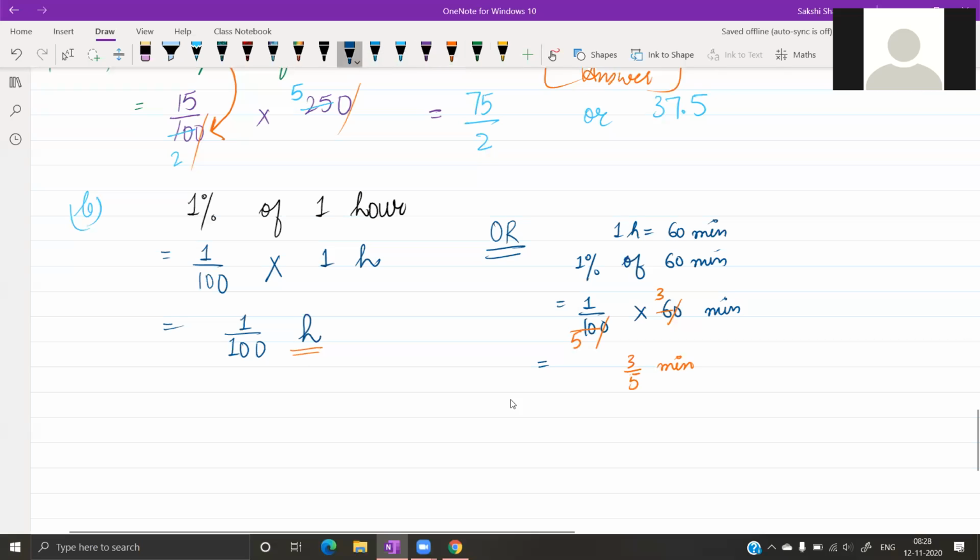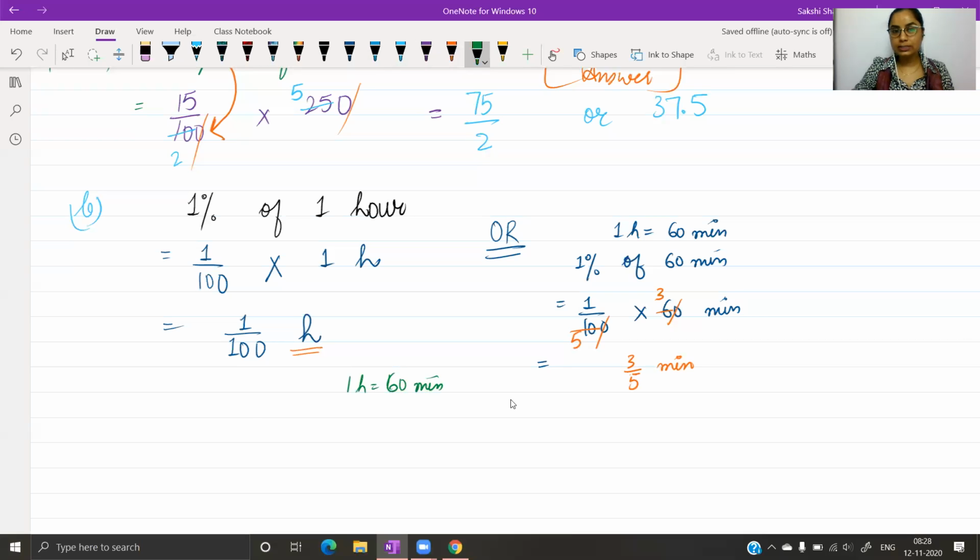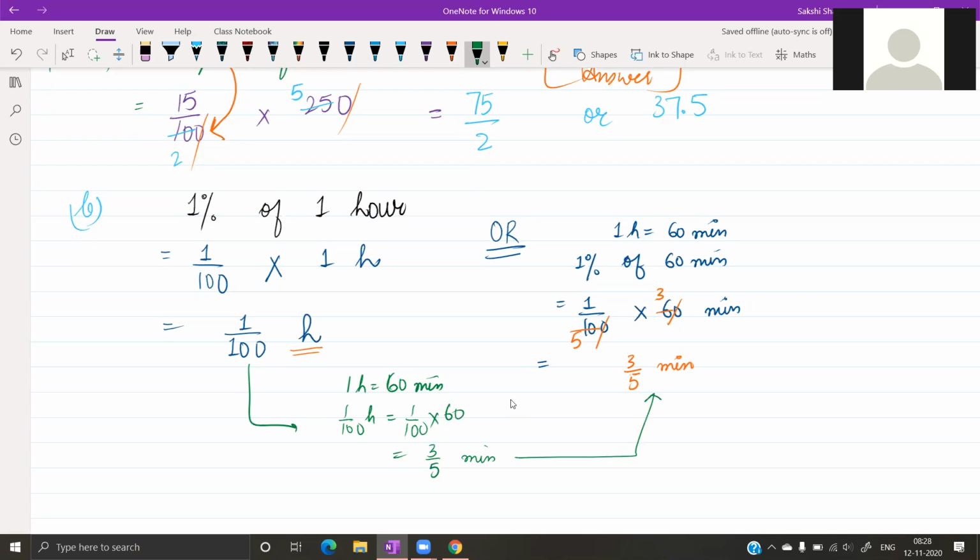Yes, ma'am. So let's see what happens. 1 hour has 60 minutes. So let's change this 1 over 100 hours. This is the same answer. Because the units are different, therefore they look different, but they're actually the same.